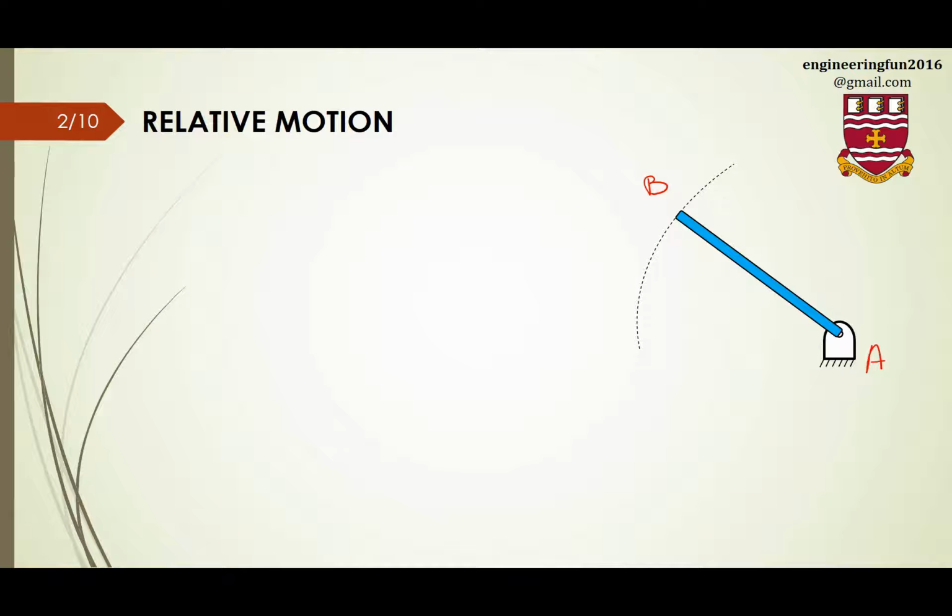Let's say this rod, this shaft or whatever it is, can move with the angular velocity of omega AB, and this is the direction of the angular velocity.